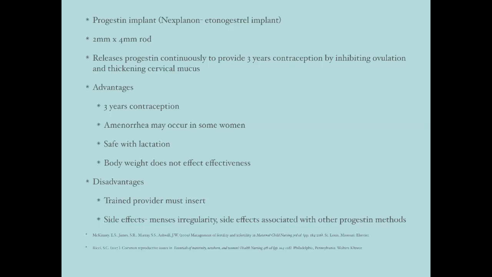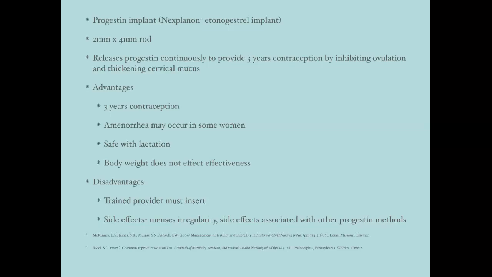So it's a progestin implant, Nexplanon, an etonogestrel implant. The rod is very small. It goes into the upper part of the arm, a few centimeters above the elbow, kind of on the inner aspect, and it goes just up underneath the skin.